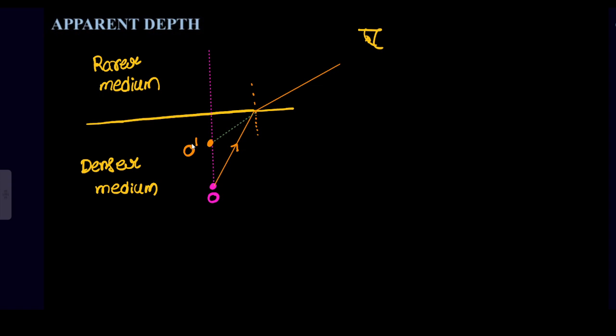This situation. So actually the object is at one depth, but it appears at another, and I'm calling this the apparent depth.